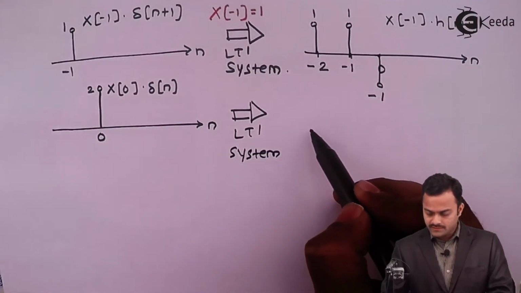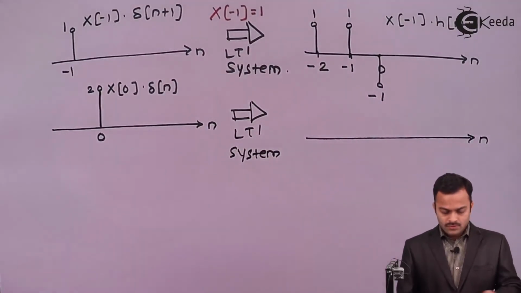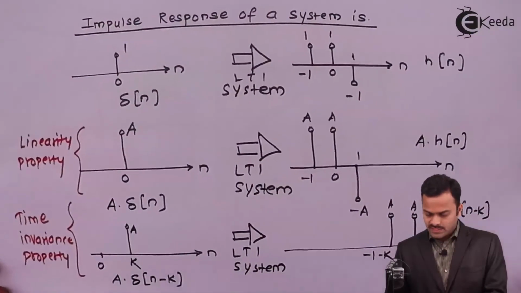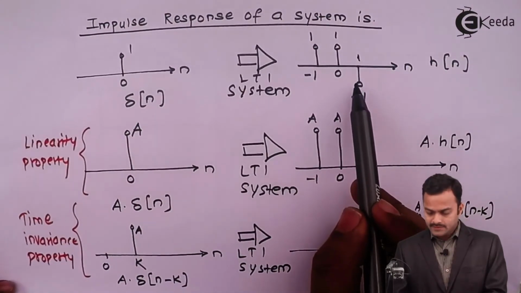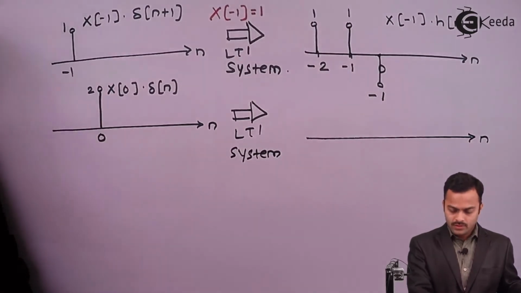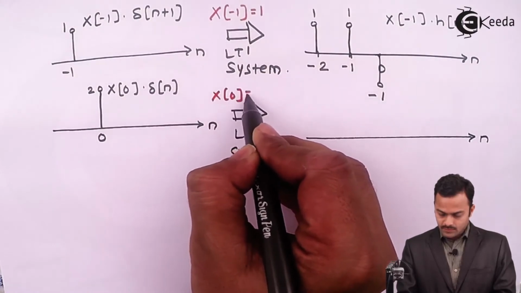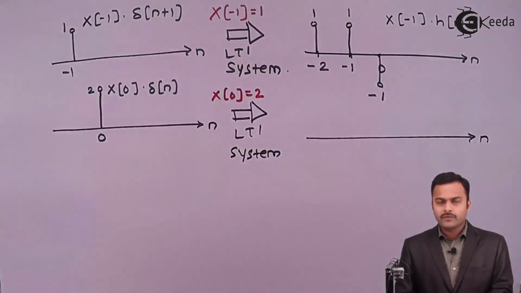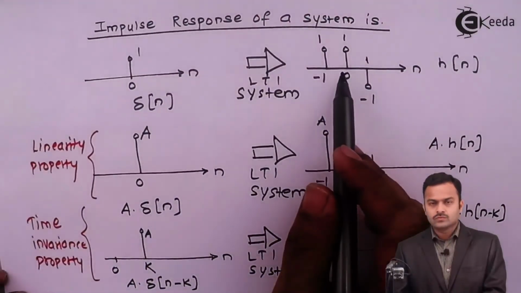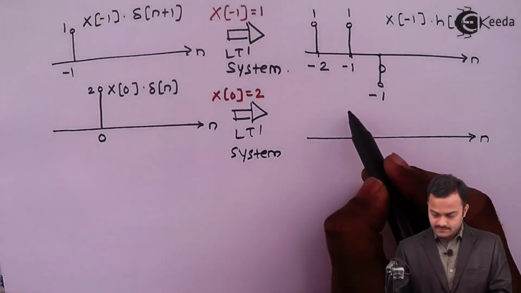So what we'll have over here, delta n will give an impulse response h of n like this, and this impulse response we need to just scale by x of 0, because here the scaling factor is x of 0 and that is nothing but 2. So to the h of n we need to multiply with a 2, so that we will get signals like this.